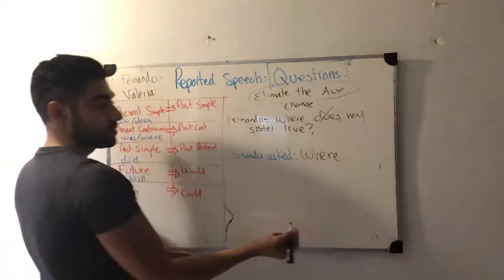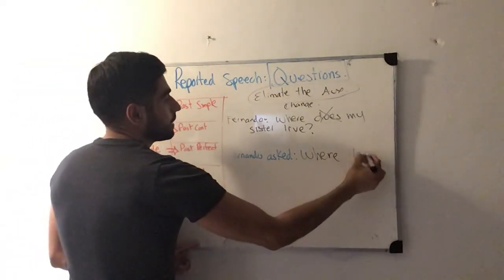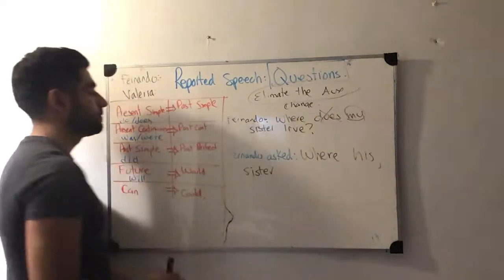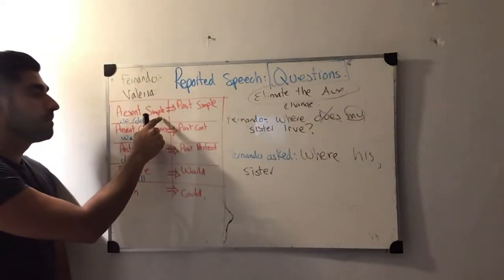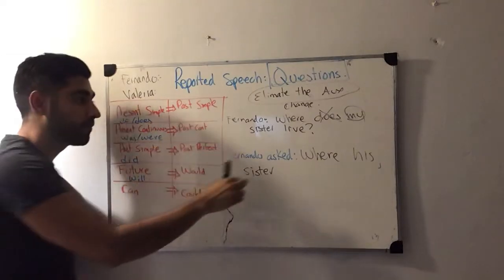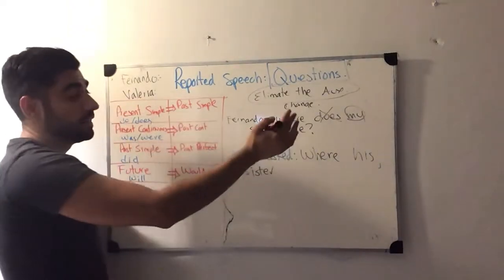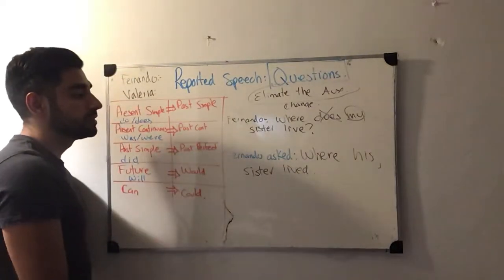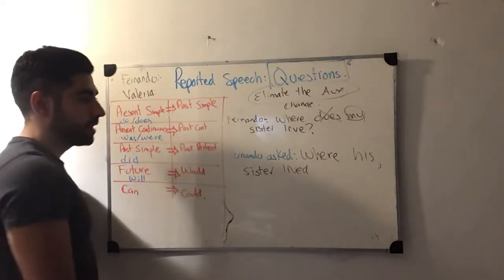So Fernando asked me where his sister, personal information. And in this case, as you remember, when we have present simple, we always have to change it to past simple. And what is the past simple form of the main verb? Live will be lived. Yes? Where his sister lived. As simple as that, okay?